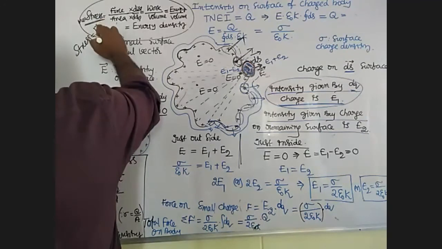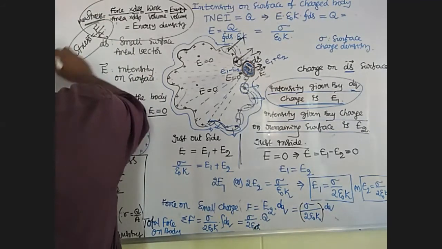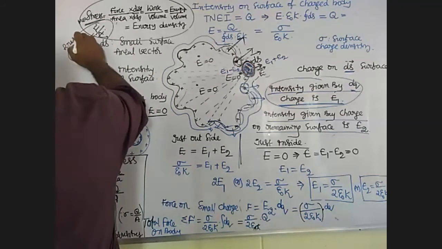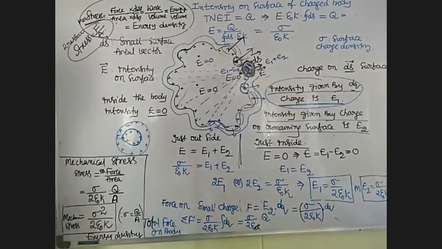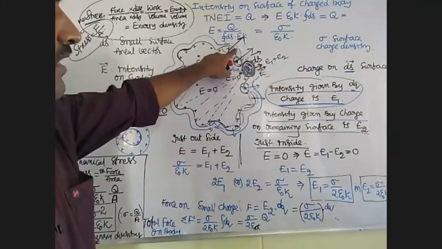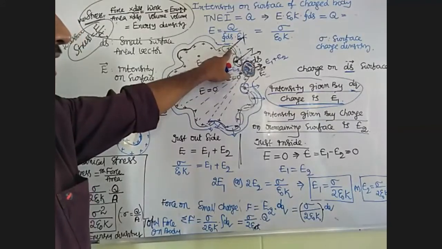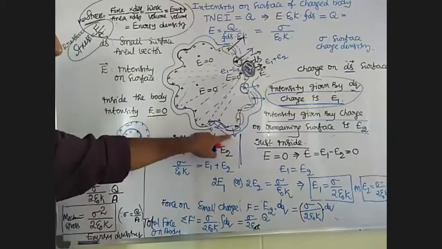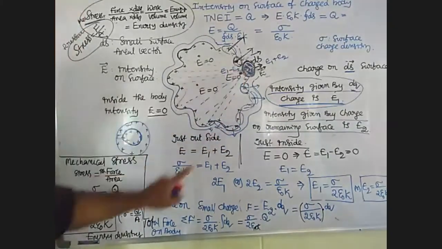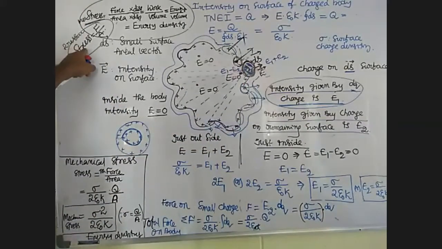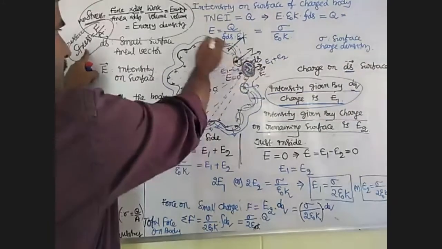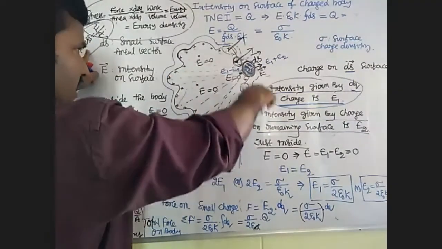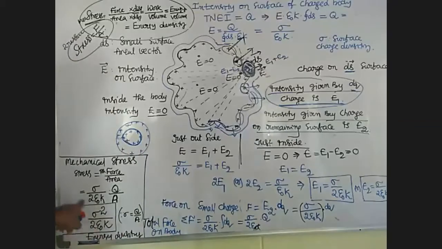Force per area, this is called stress or pressure. అంటే ఈ బాడీ ఈ ఛార్జ్ మీద ఎంతైతే ప్రెషర్ యాక్ట్ అవుతుందో అన్నింటి మీద ఫోర్సెస్ యాక్ట్ అవుతున్నాయి. టోటల్ బాడీ పైన ఎంతైతే స్ట్రెస్ యాక్ట్ అవుతుందో, దిస్ ఈజ్ ద మెకానికల్ స్ట్రెస్.